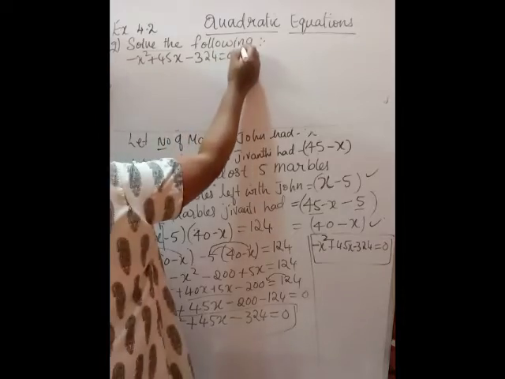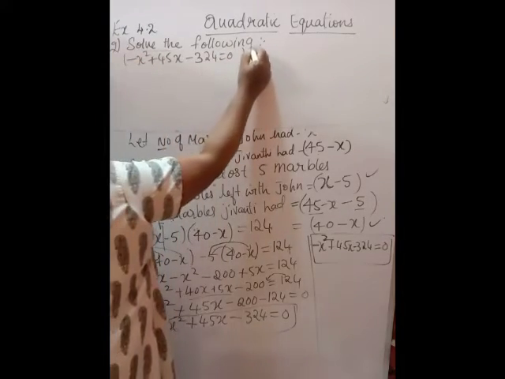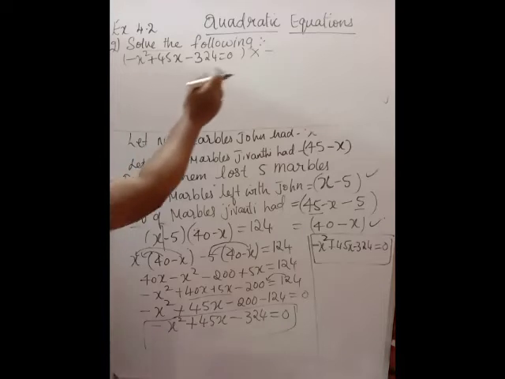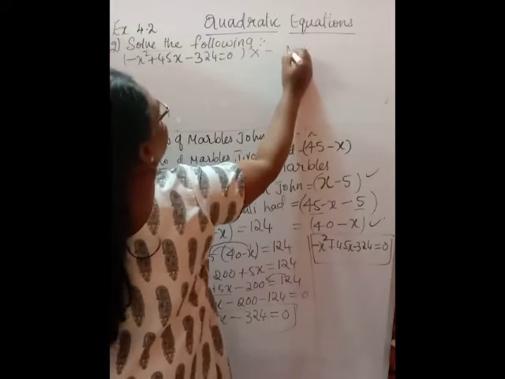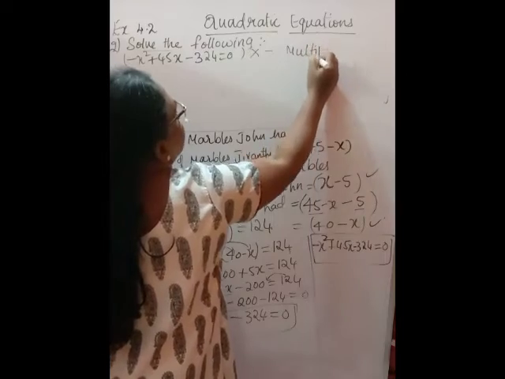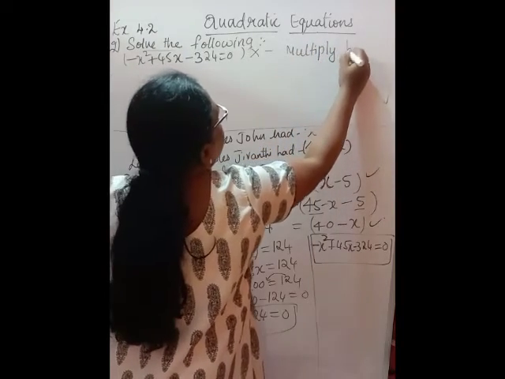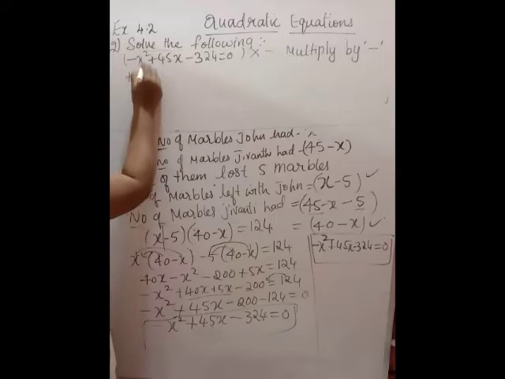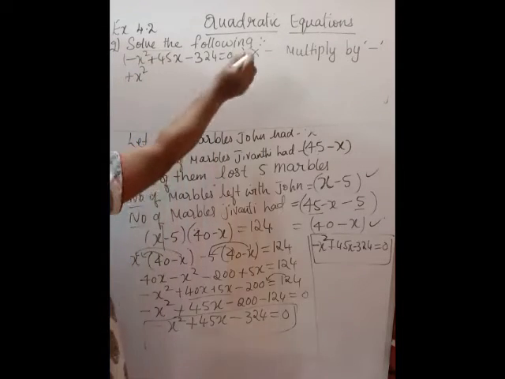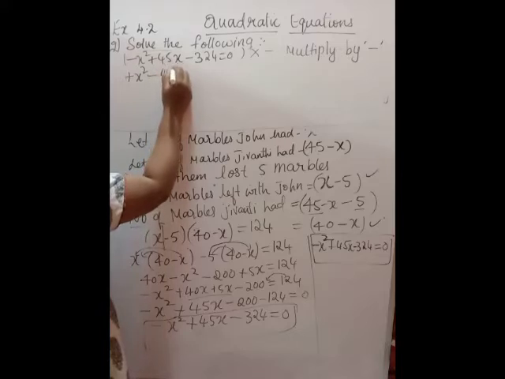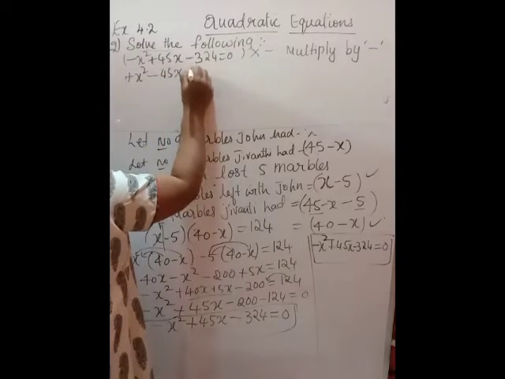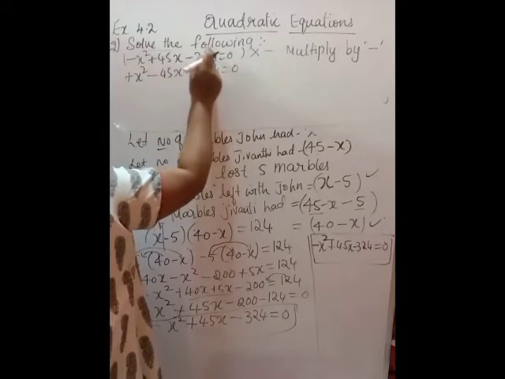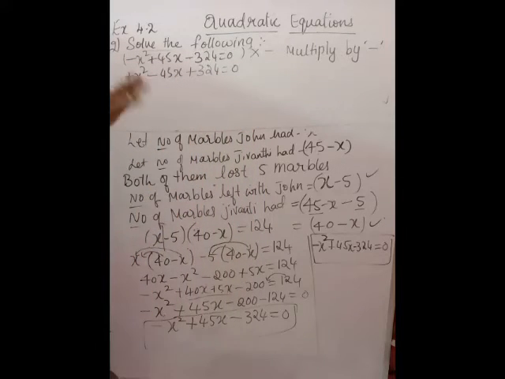So I am going to multiply the whole thing by minus. You will get here plus X square. Plus into minus is minus 45X, minus into minus is plus. So whatever signs they have, change the signs.